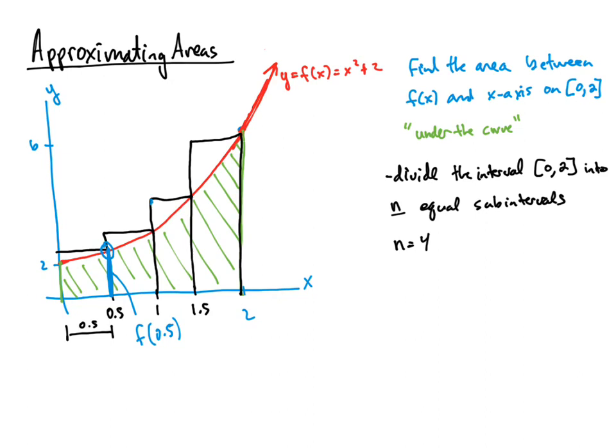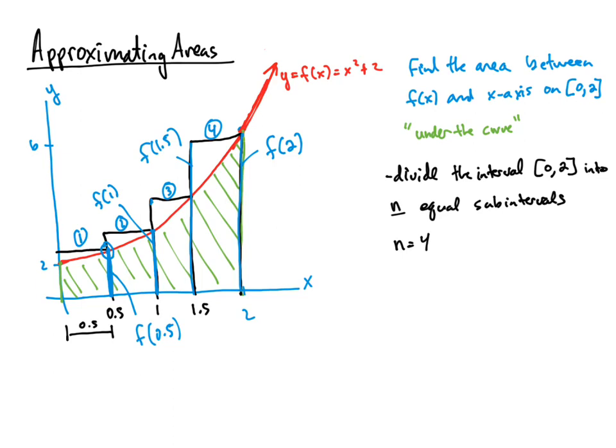This height right here is f of 1. This height is f of 1.5, and so on. And this height is f of 2. I'm going to label each of these rectangles: rectangle 1, 2, 3, and 4.